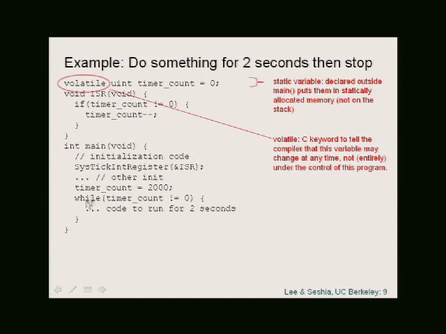That's faster than going to memory, right? And run this code, and then eventually the timer count variable can be updated if it's used later, but it doesn't have to be updated here because this code only depends on the value of timer count. It's okay to store that value in the register, right? And so that was the point that I was trying to make.